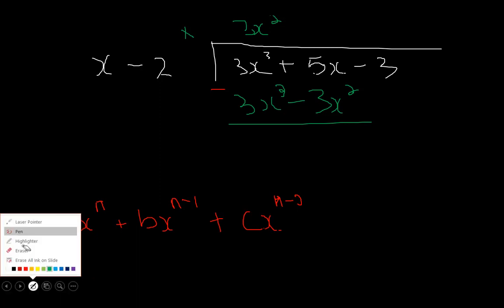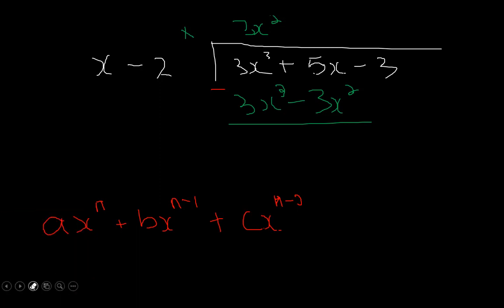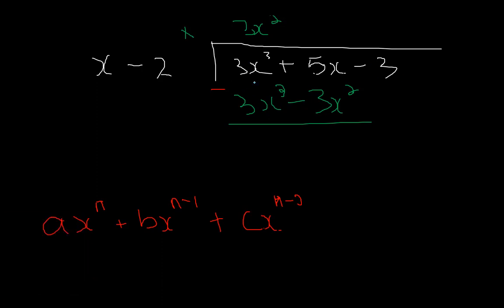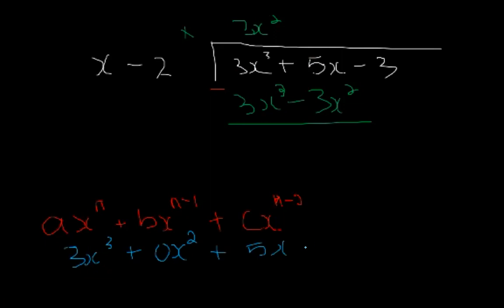It's just 0, right? What do I mean by that? Just in case you're kind of confused and you're not following right now. That means I can rewrite this polynomial expression 3x cubed plus 5x minus 3 as 3x cubed. We said that the coefficient of x squared in this case is 0. And then I have the 5x, and then I have the minus 3, right?